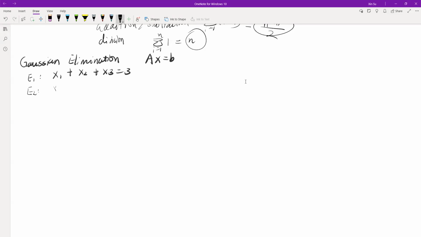Equation 2 is once again x1 plus x2 plus 2x3 equals 5. Equation 3 is x1 plus 2x2 plus x3, and that equals 4. And we use 3 operations here to simplify this system of linear equations.